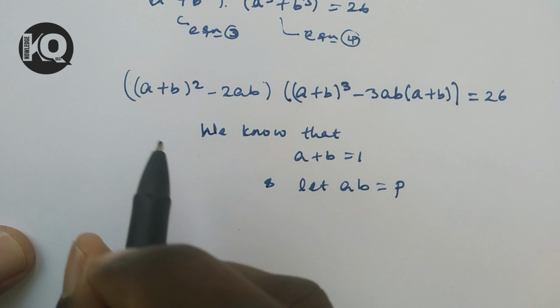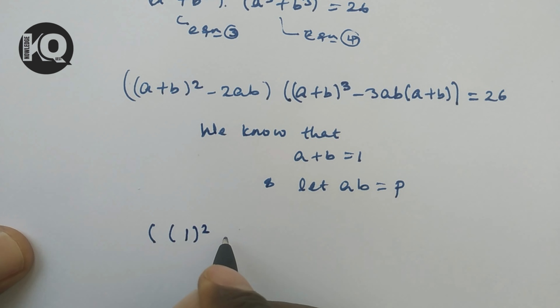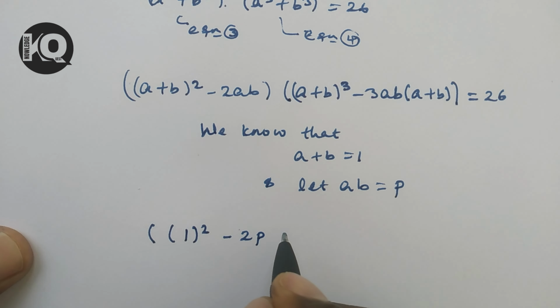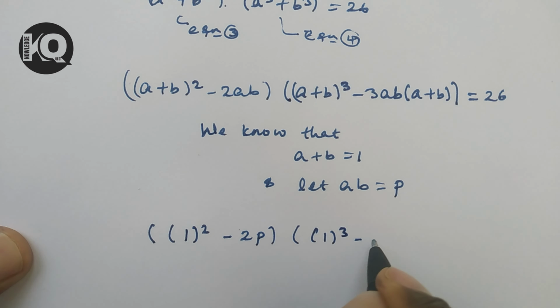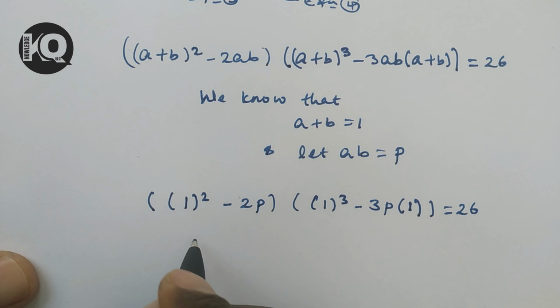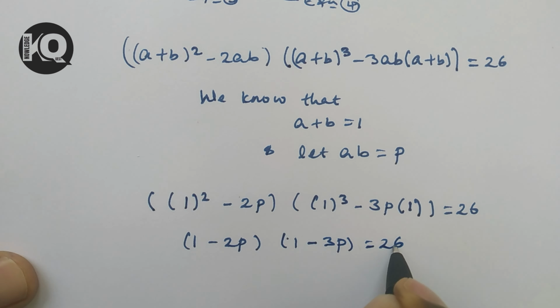So a plus b squared, that's 1 squared, minus 2 times p, times a plus b cubed, that's 1 cubed, minus 3 times p into a plus b, which is 1, is equal to 26. So 1 squared is 1, minus 2p, times 1 cubed is 1, minus 3p, which is equal to 26.